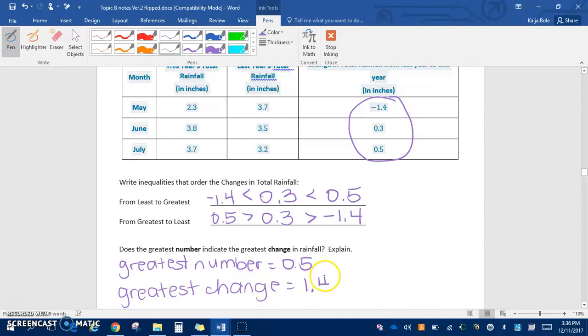Again, we're looking at the overall change, so the absolute value. So we would say no, and our reasoning would just be exactly what we wrote down here. Okay, we'll go over to the next page.